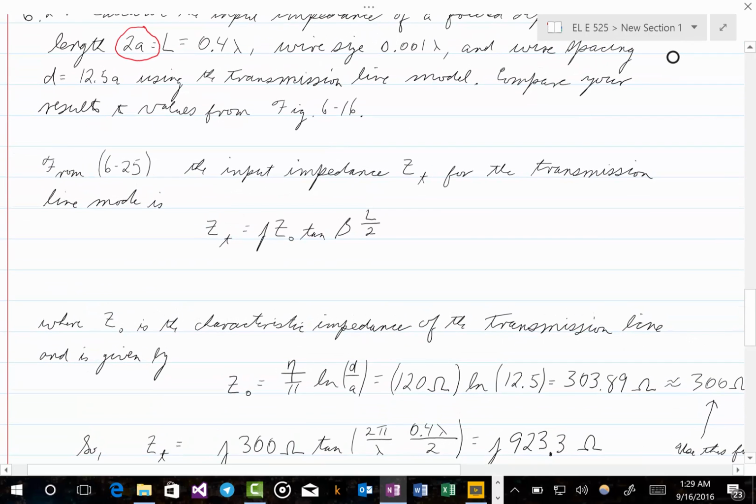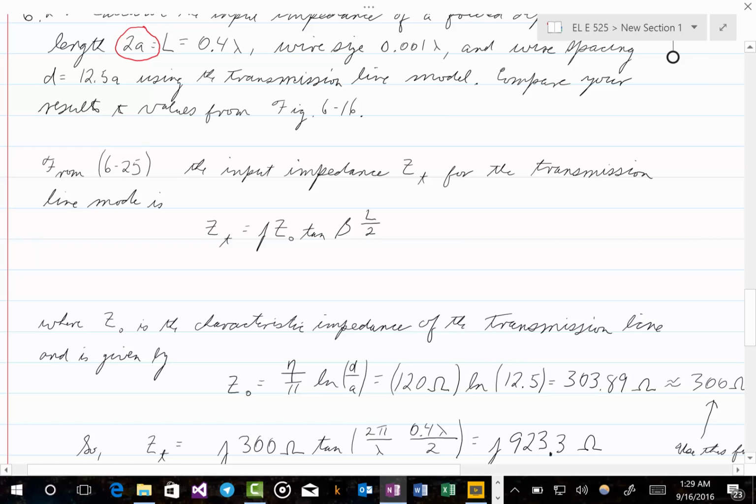As you see in equation 6-25 in your textbook, Z sub t, and I know many of you are currently taking microwaves, so you've probably already run into this equation.